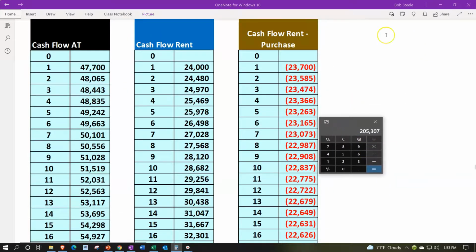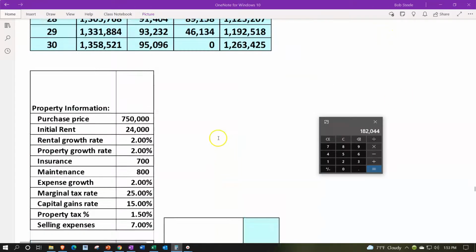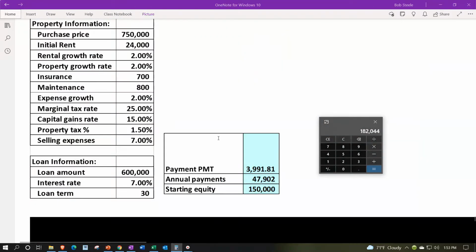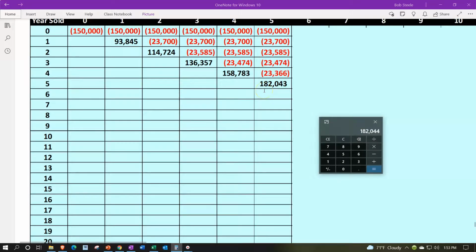So minus 23,263, that gives us that 182,044. So at this point in time, we still have an initial outflow that still caused more outflows to happen.